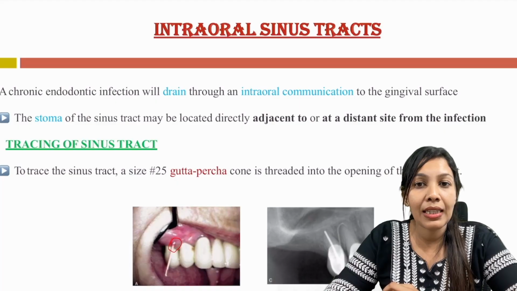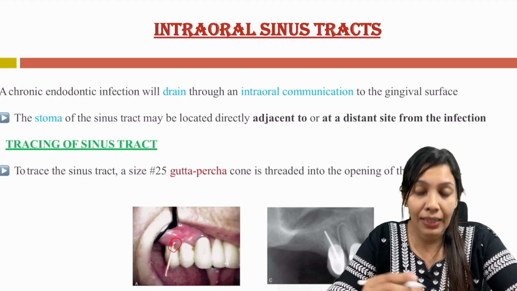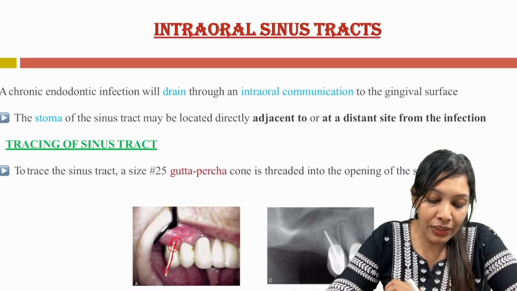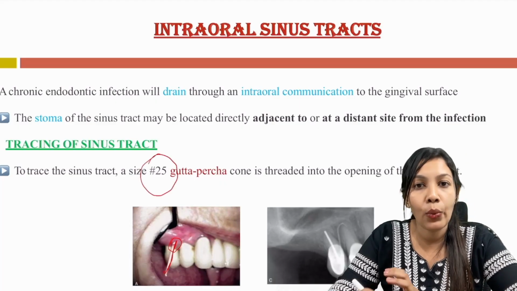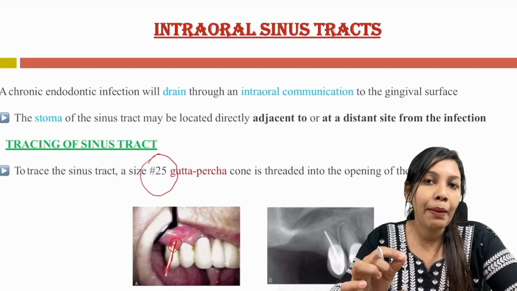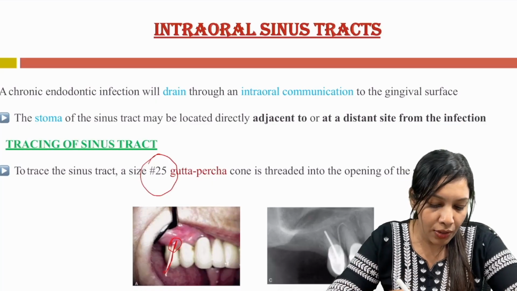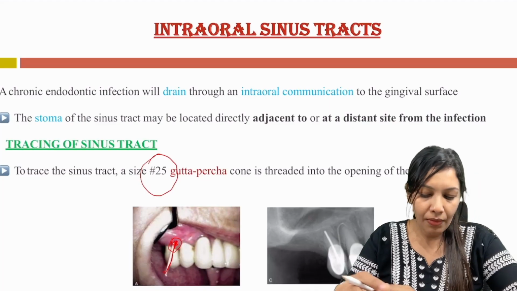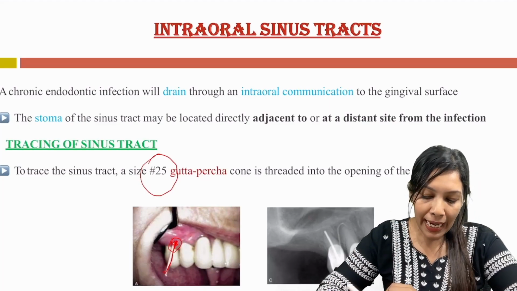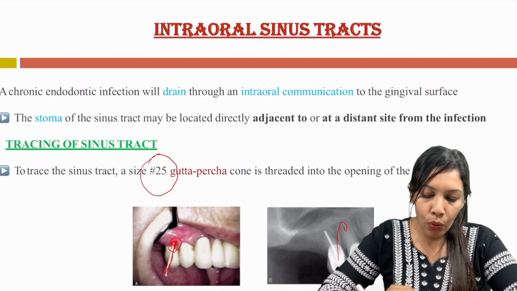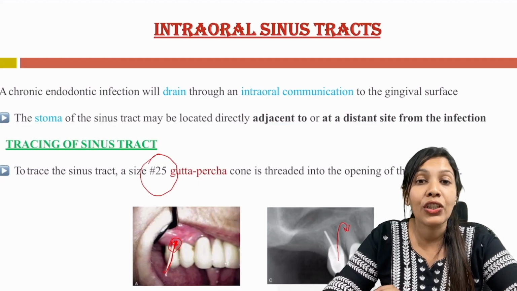So what we do is use a gutta percha cone of size 25. That is very important. A size 25 gutta percha is used for intraoral sinus tract tracing, and we apply the gutta percha through that small opening and pass it. It will move upward to the area from where the lesion originated.